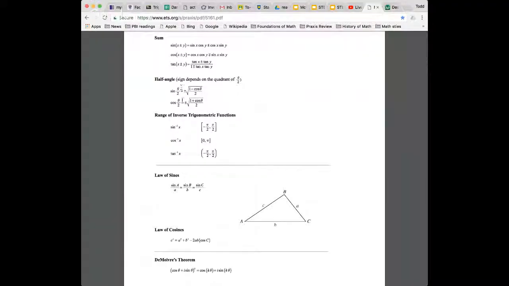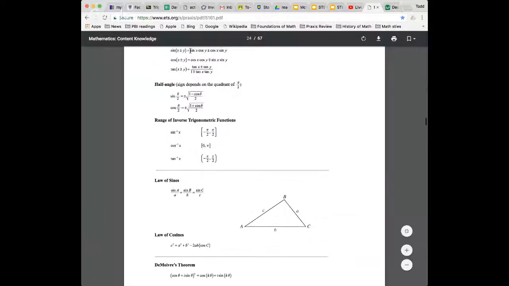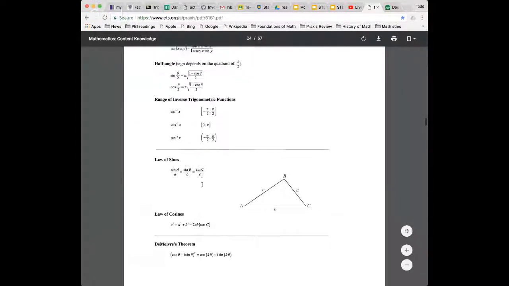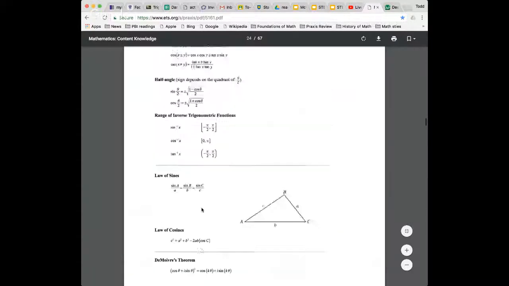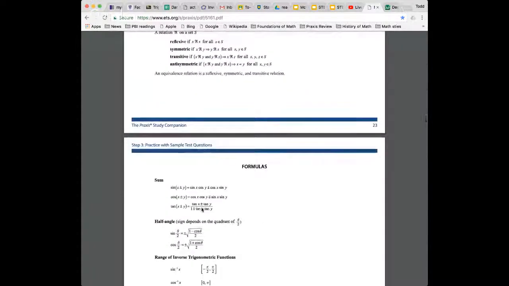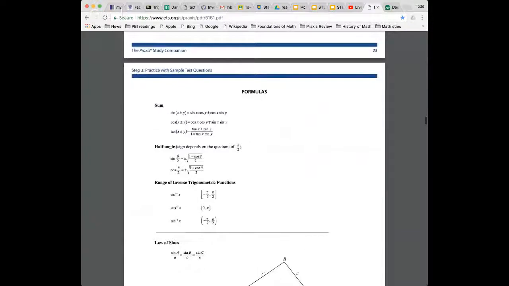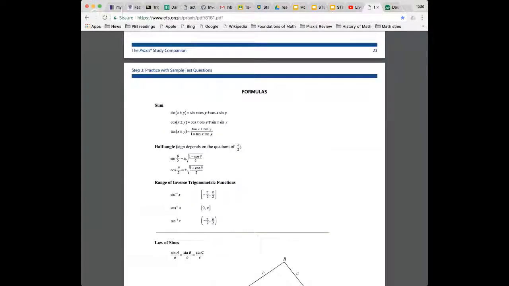So you get these half angle formulas, you get these sum angle formulas. It gives you the range of inverse trig functions, gives you the law of sines and law of cosines. And that's pretty much it, right? Luckily, that's a lot. That gives you a good bit of information to go off of.